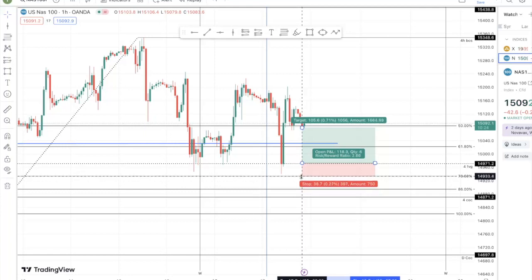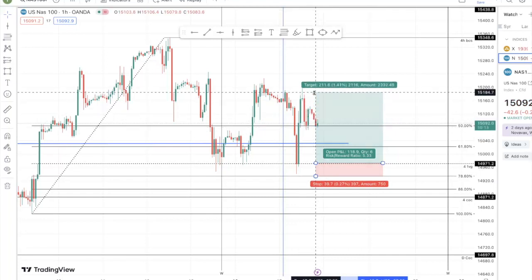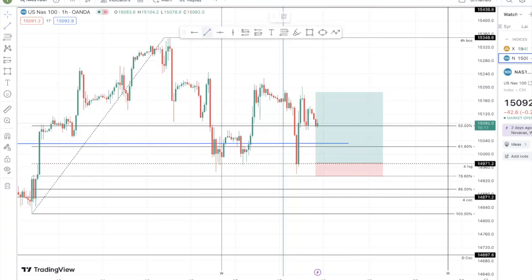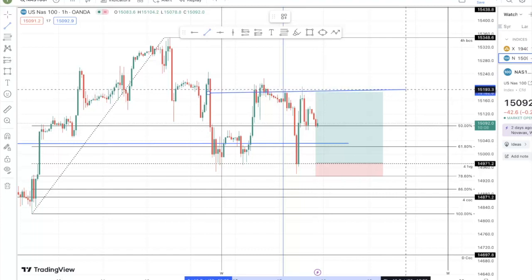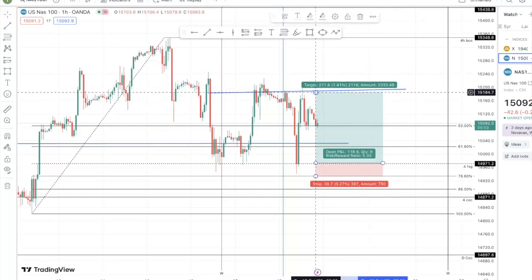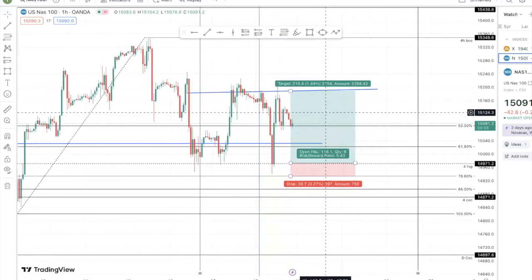My stop loss was around this area right here. All right, so I had about like a 40 pip stop loss. My take profit was this area over here. That was my take profit. I anticipated my take profit with this area right here. So this pretty much was my trade.